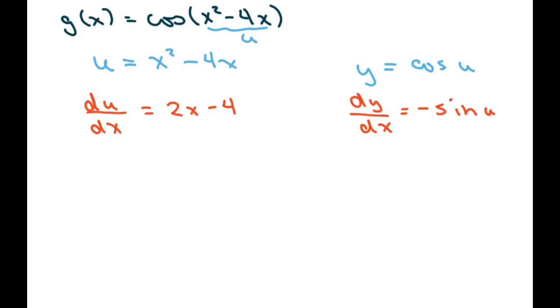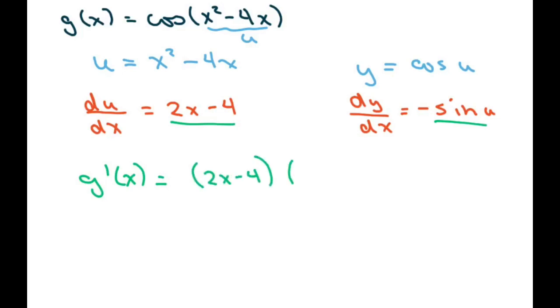Now, we merely get our derivative by multiplying these two. So that's going to be 2x minus 4 times negative sine of u.